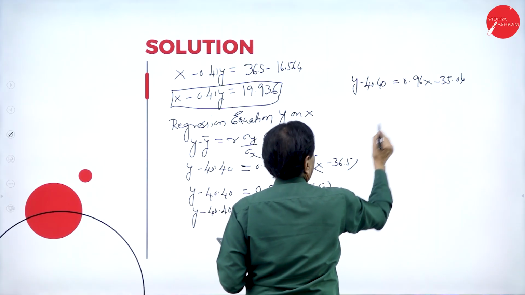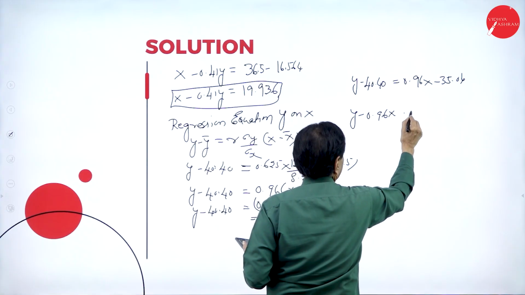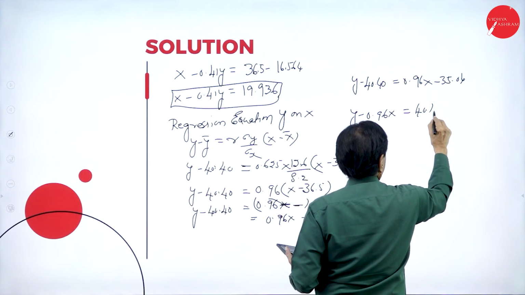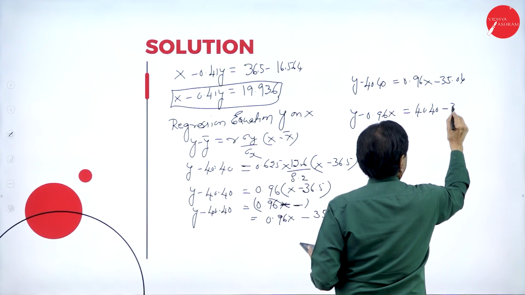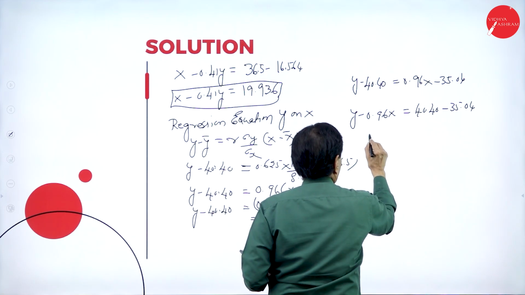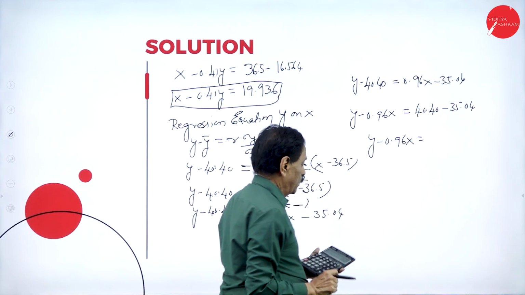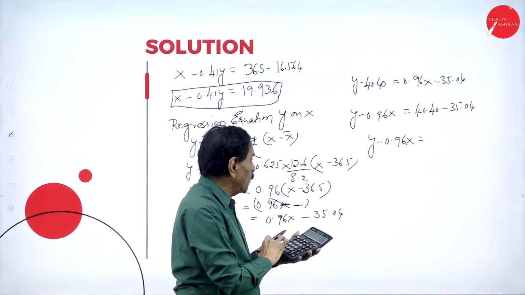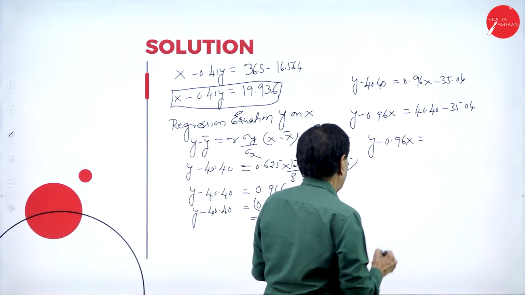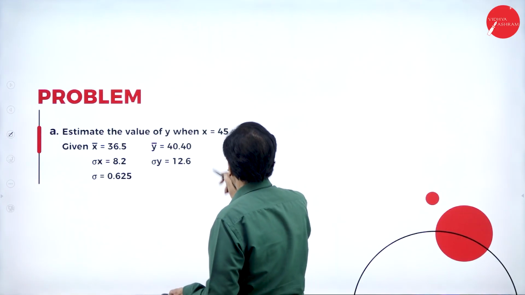You take this x here: y minus 0.96x equals, minus comes to plus, 40.40 minus 35.04, which is 5.36.